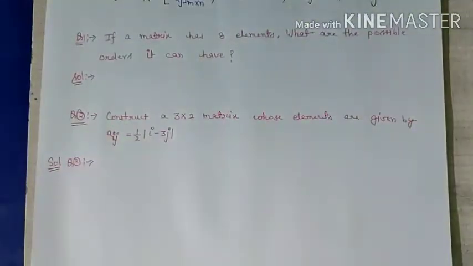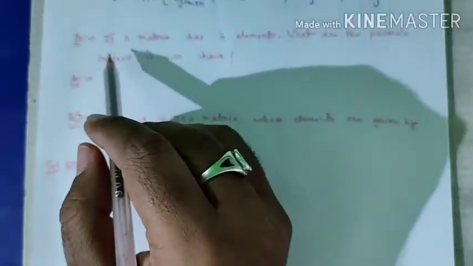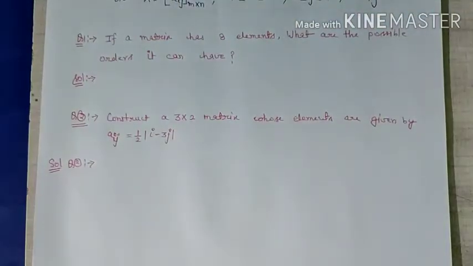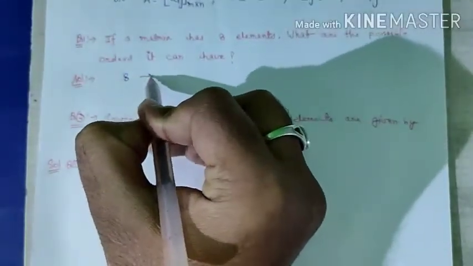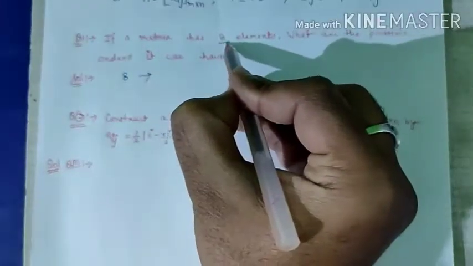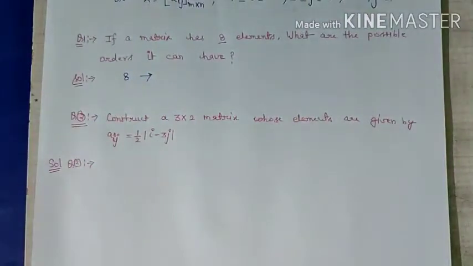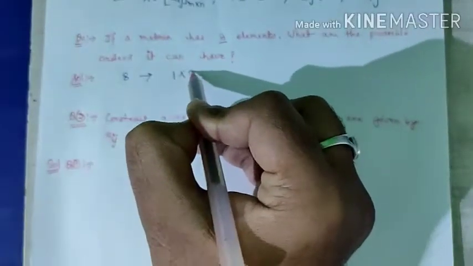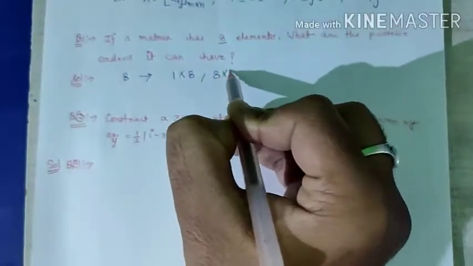Now we'll try to solve some questions which will sharpen our concept. Question number 1 says, if a matrix has 8 elements, we know now that a matrix has 8 elements, what are the possible orders it can have? Let's try. 8 elements. How many ways can we write 8 as a multiple of two numbers? Like we can say 1 into 8 and 8 into 1.